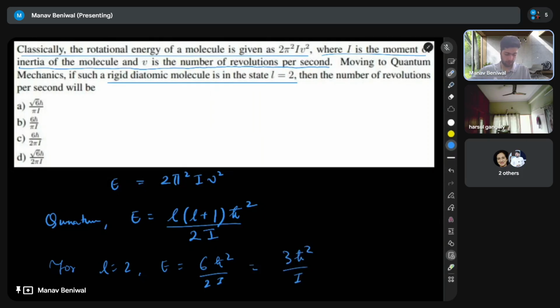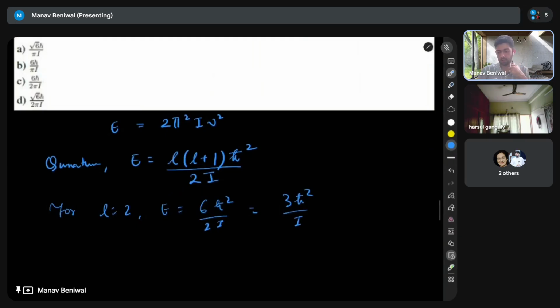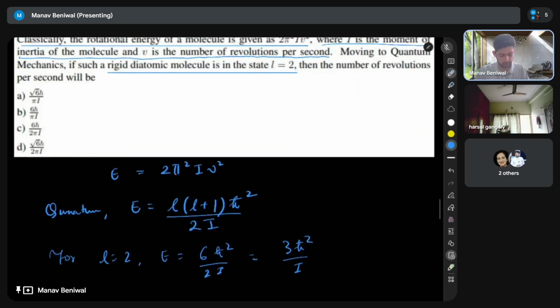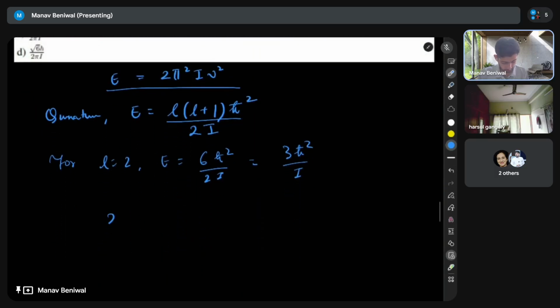Now if we use the equation that this energy equals 2 pi squared I nu squared, we get 2 pi squared I nu squared equals 3 h cut squared by I. So nu squared will be 3 h cut squared upon 2 pi squared I squared.